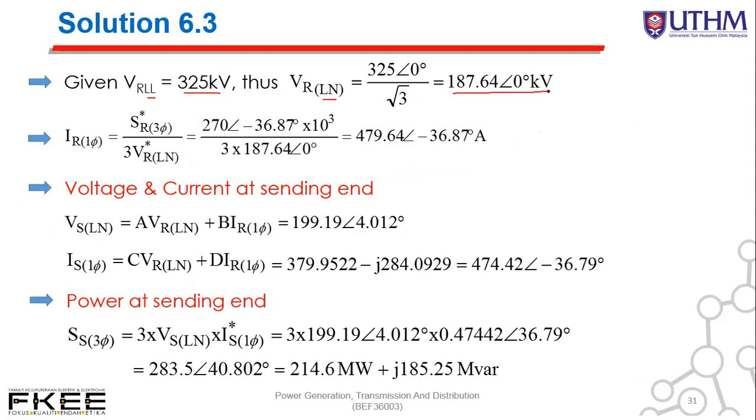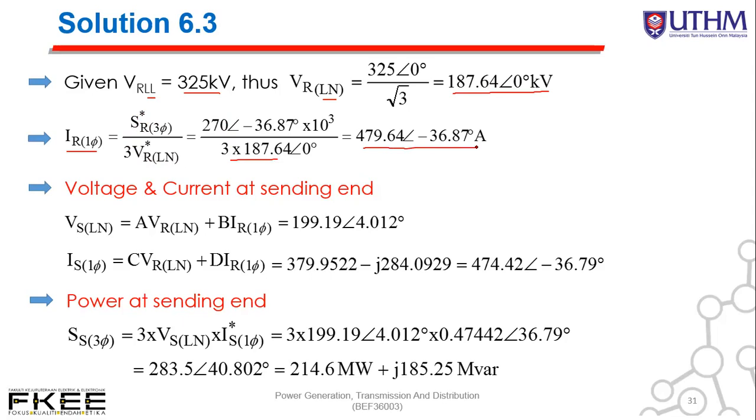To calculate the single phase receiving current, we divide SR, the receiving power, by 3 times single phase receiving voltage. So 270 divided by the value of VR, we got 479.64 ampere.